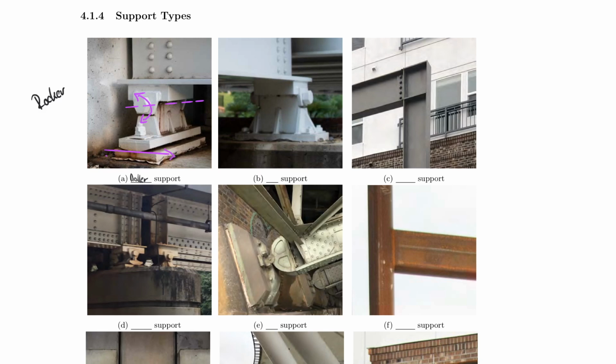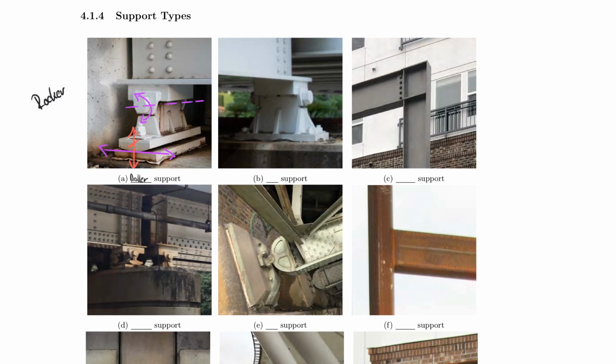So there's a degree of freedom in that direction. The only thing that the roller prevents from happening is actually a vertical direction in this case. So there would be a force that is resisted in this direction. So the only thing that this support resists is the vertical direction.